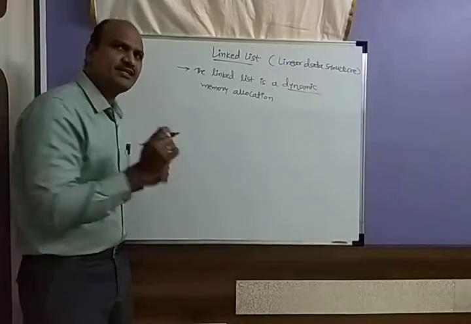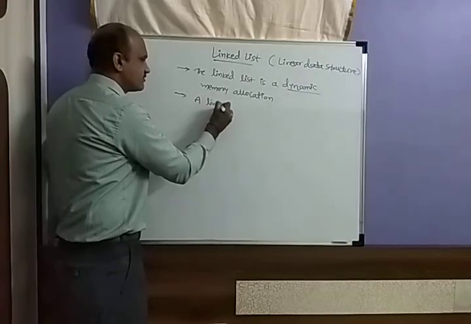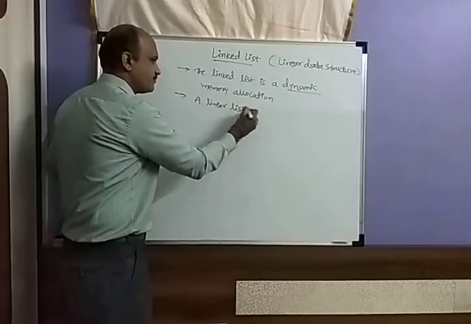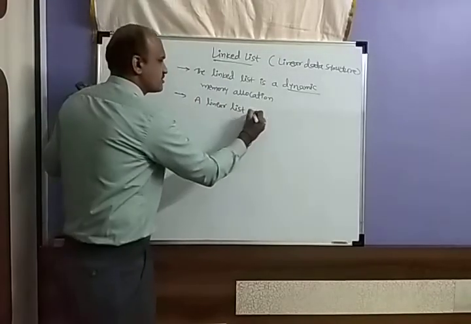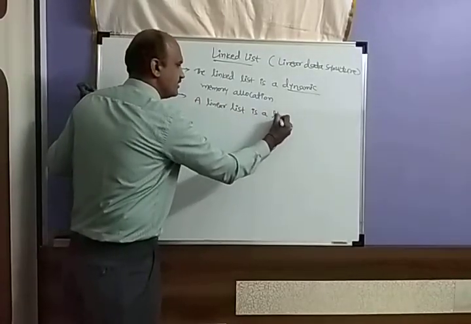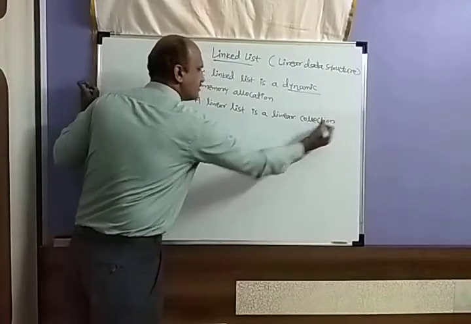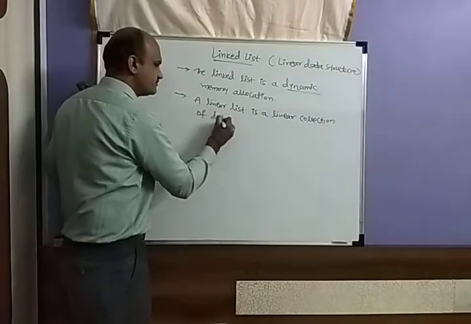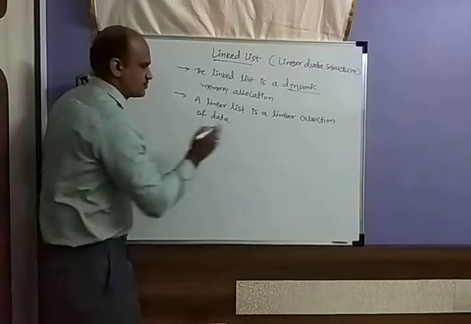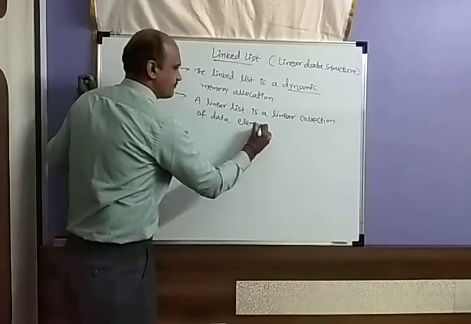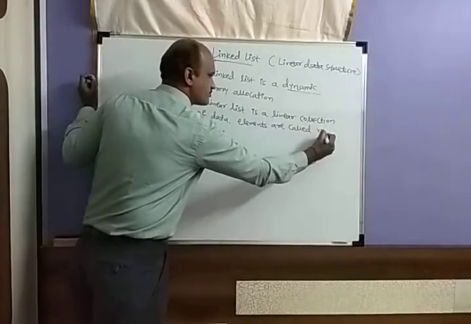So the definition of a linear list is a linear collection of data where the elements are called nodes.